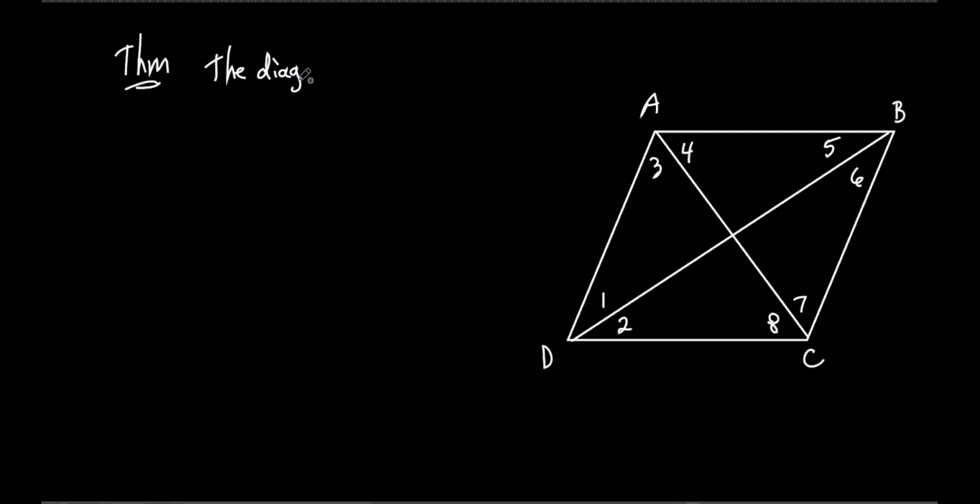So the diagonals of a rhombus bisect. Now we already know that the diagonals bisect each other, but that's not what we're talking about. They bisect two opposite angles.